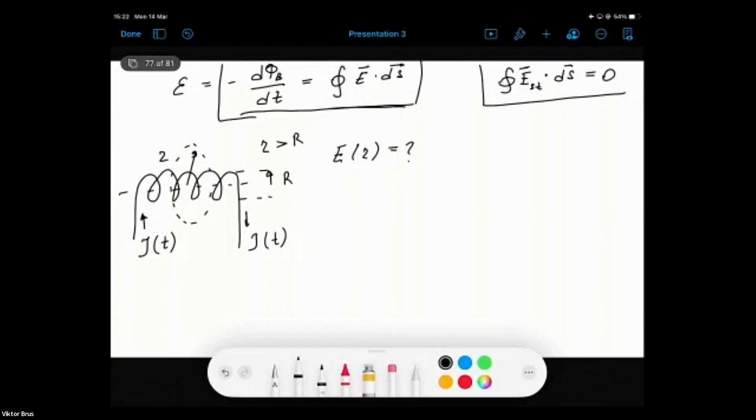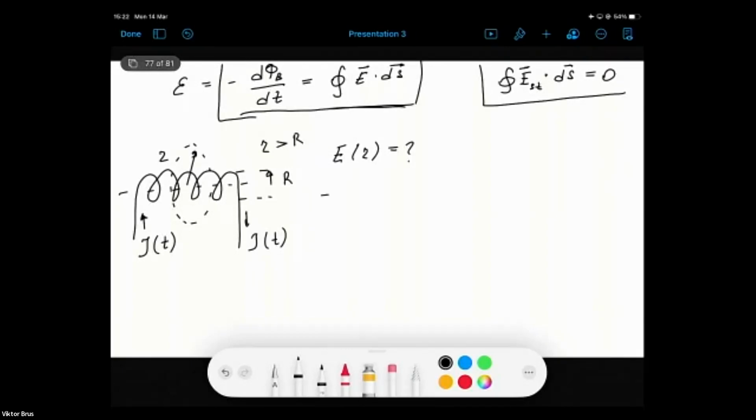So let's start from the first derivative of magnetic field flux over time, which will go through this loop marked with a dashed line with radius small r.